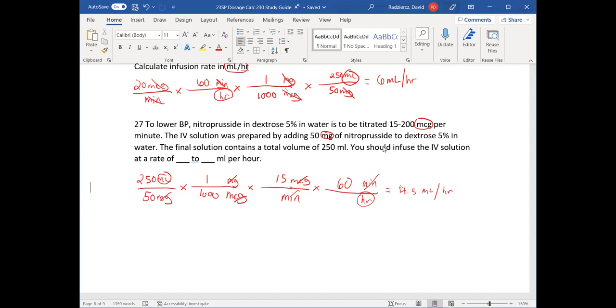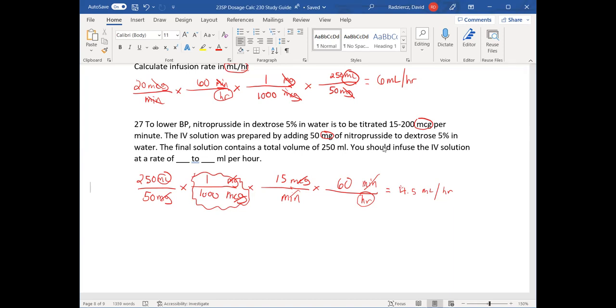Like in the 130 class, I was talking with somebody and they forgot to convert milligrams to micrograms. And so they skipped this part of the dimensional analysis. And because of that, they weren't getting the same answer I was getting or what the key said. But once we worked through it, we saw what that was supposed to be.